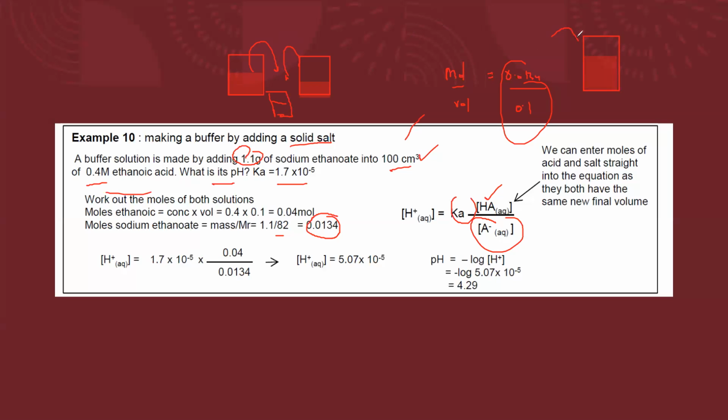When we add a salt, it will dissolve and make a buffer solution, but the total volume is unchanged. In the first example, the total volume was the sum of the two solutions.